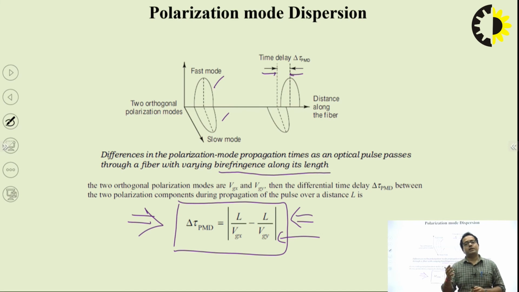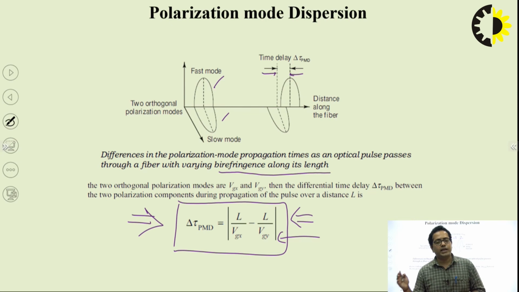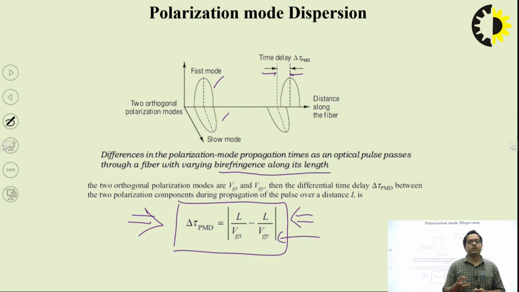This dispersion is broadly categorized into three types: intramodal, intermodal, and polarization mode dispersion. Intermodal dispersion occurs in a multimode fiber, whereas intramodal is concentrated in the single mode fiber.